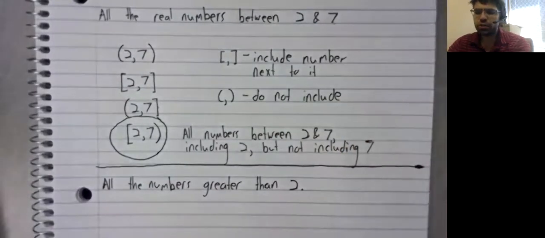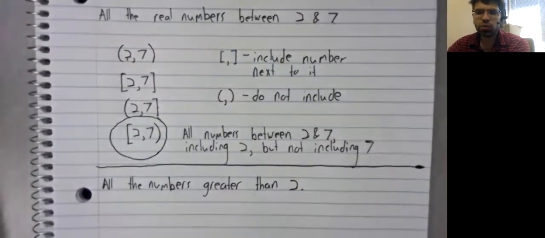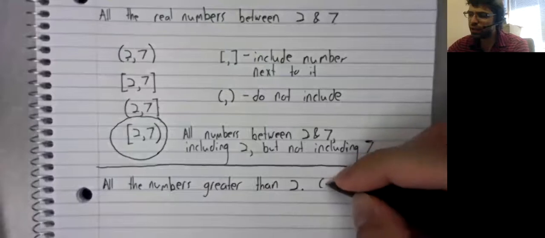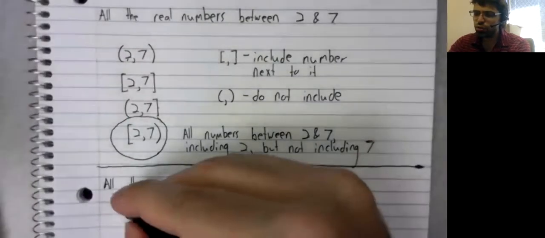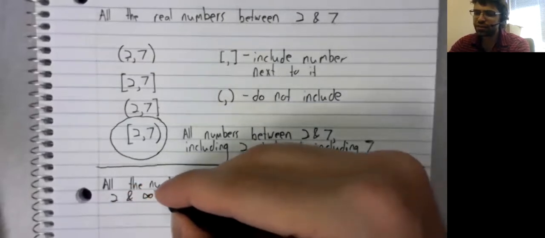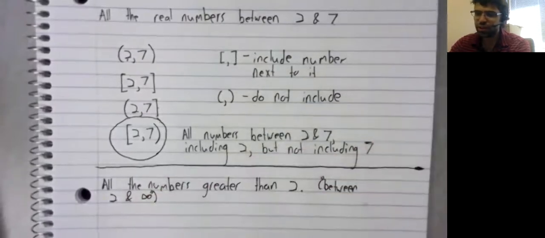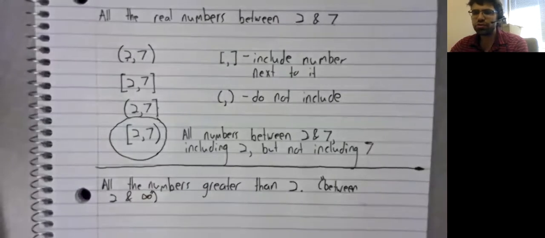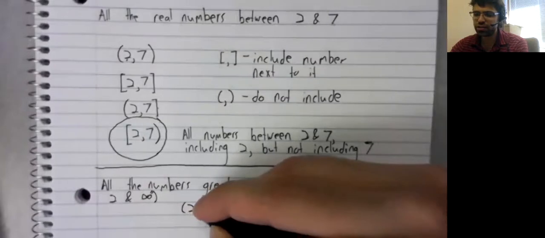This isn't an interval with a lower and an upper bound, but if we think of this as all the numbers between 2 and infinity, that will justify the following notation.